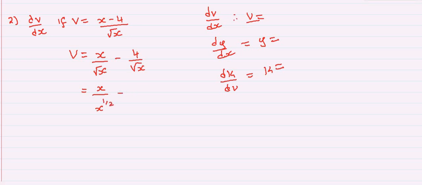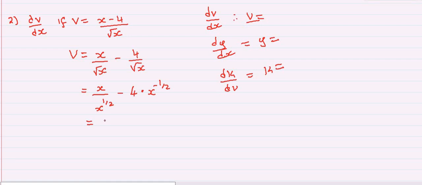minus 4 multiplied by x exponent negative 1 over 2. When you divide powers with the same base, we subtract the exponents.